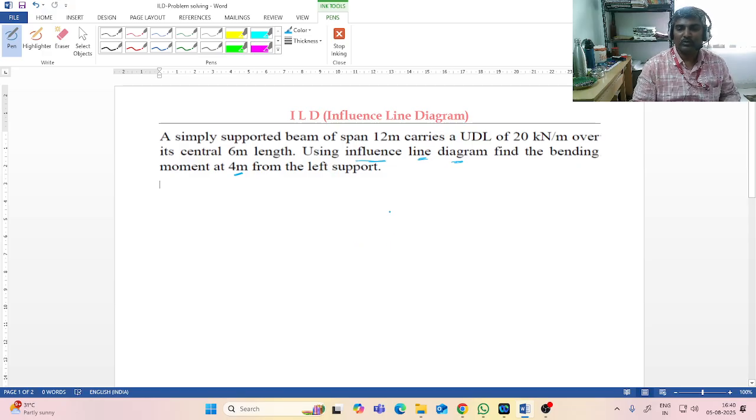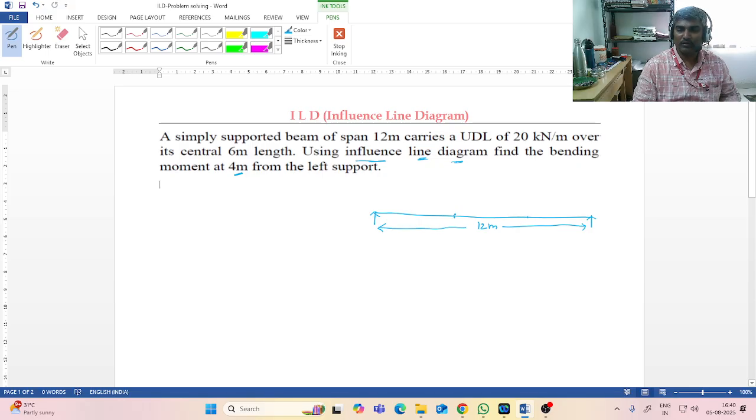Okay, so now we want bending moment at 4 meter from left support in a span of 12 meters. So draw a beam with 12 meter span. Now locate this section 4 meters, making this into 3 equal parts.